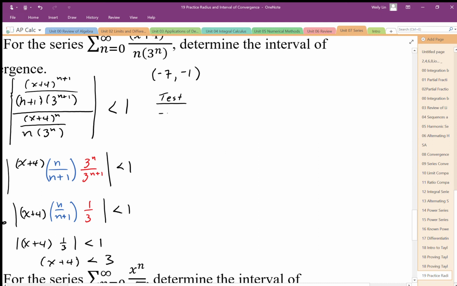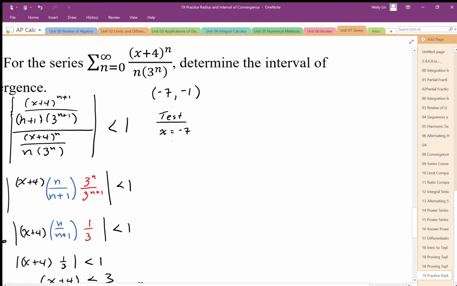So I'm going to test negative 7. x equals negative 7. So when I plug that in, my sigma looks like this. So I'm going to end up with negative 3 to the power n over n times 3 to the power n. So this is going to simplify basically to negative 1 to the power n.